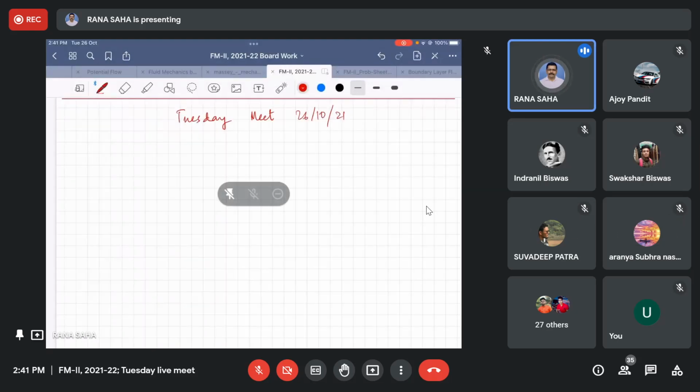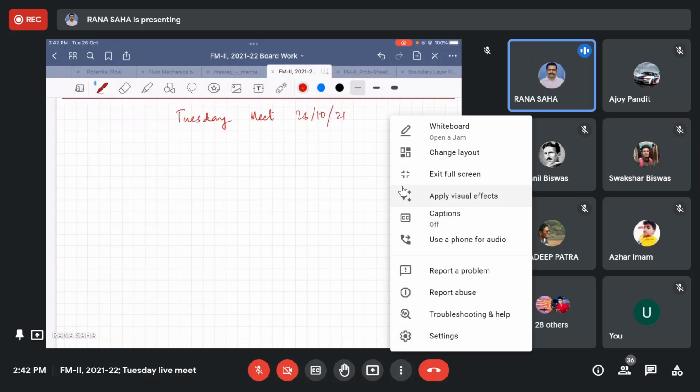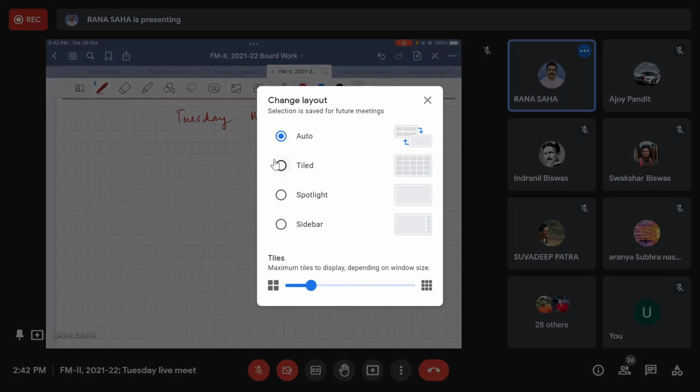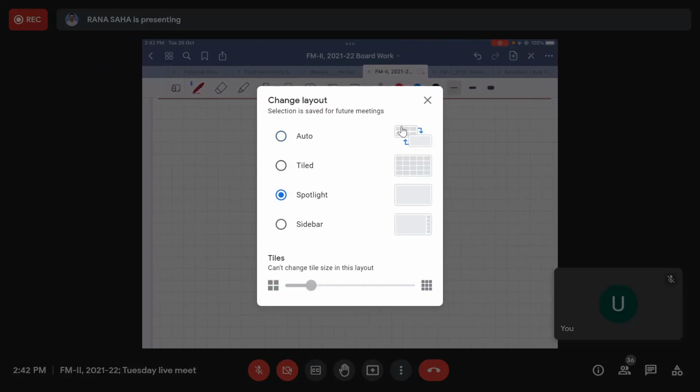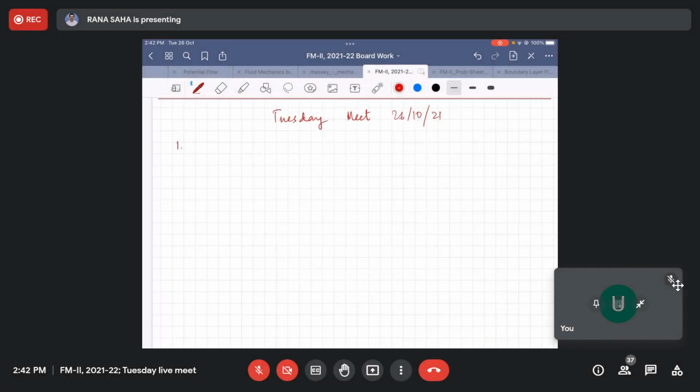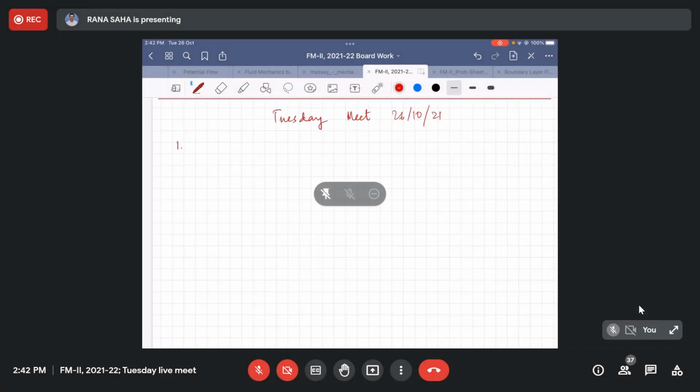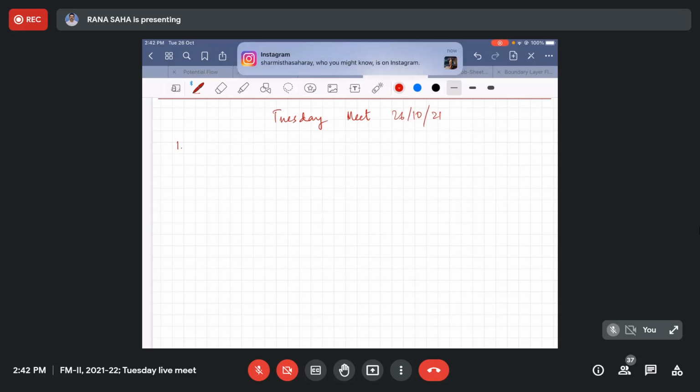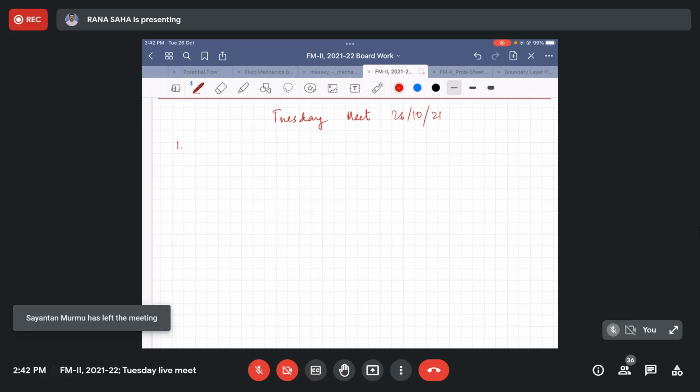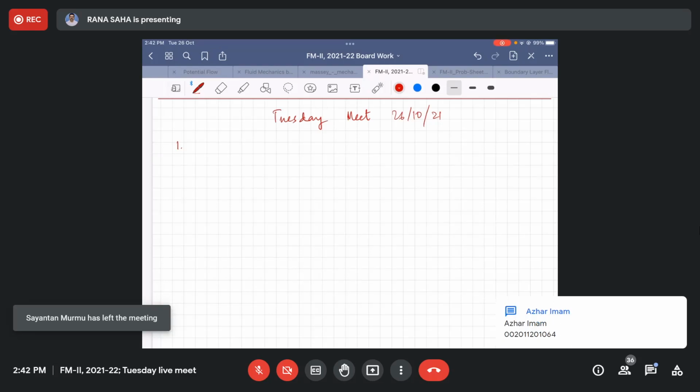The first thing is that I think before our Puja vacation, we started boundary layer flow, and we reached up to a discussion on the momentum integral equation.